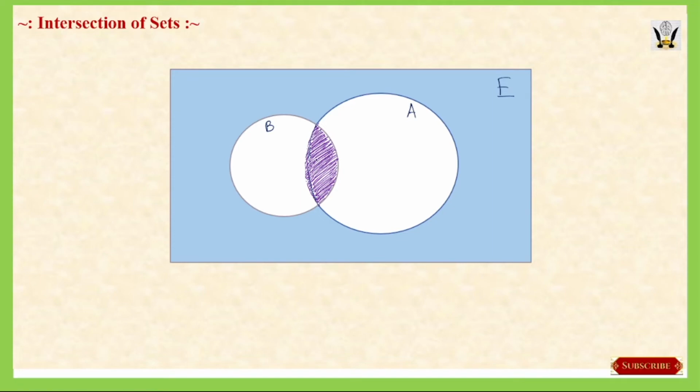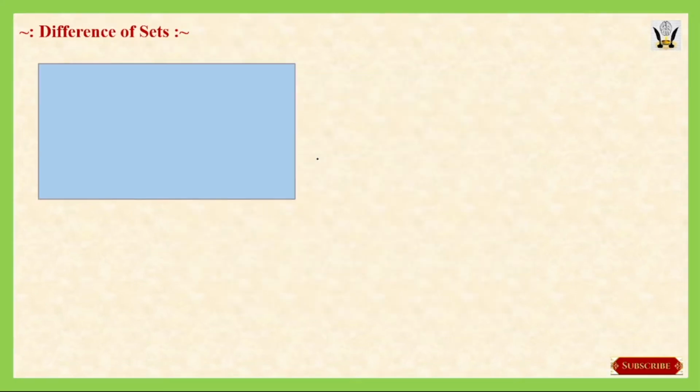Next we will see how we can represent the difference operation between two sets. So again, first we will represent the universal set, and with respect to that we will represent two more sets between which we will perform the difference operation.